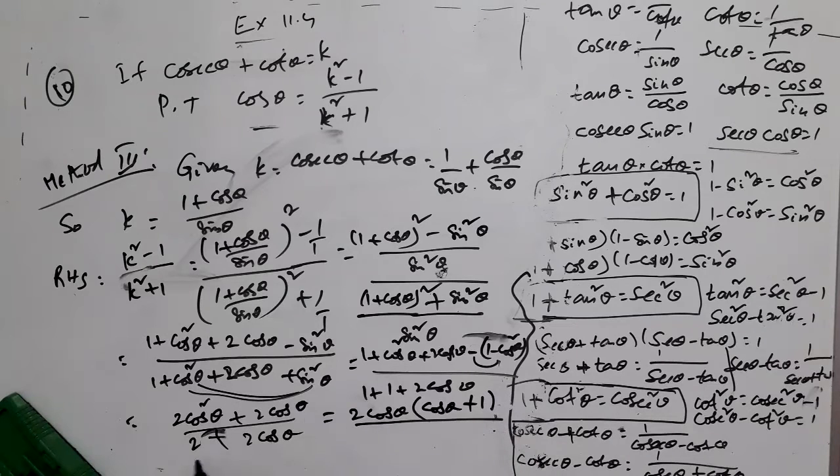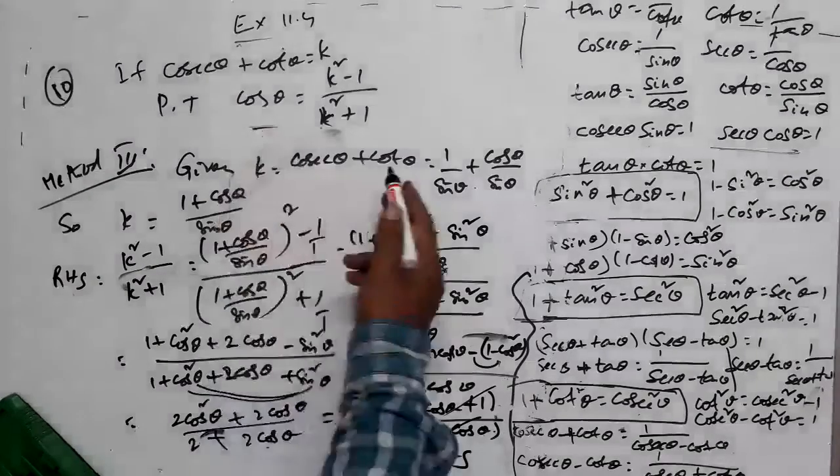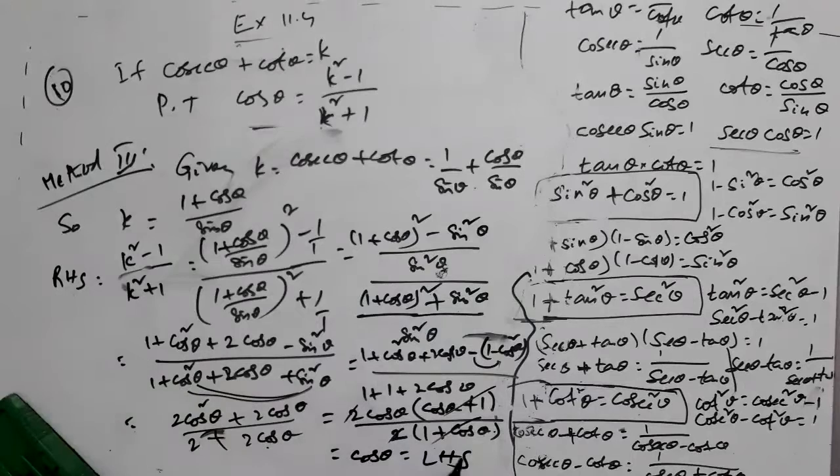In the same way, in the denominator I can take 2 common, so 2 outside multiplied by (1 + cos θ). Here the 2s get cancelled, and (1 + cos θ) and (1 + cos θ) get cancelled. What is remaining? cos θ. That is our left hand side part. We started from the RHS and arrived at the LHS directly.